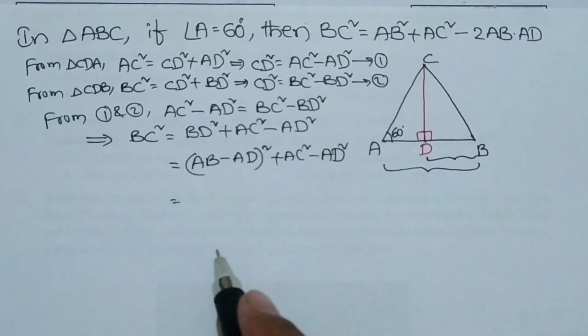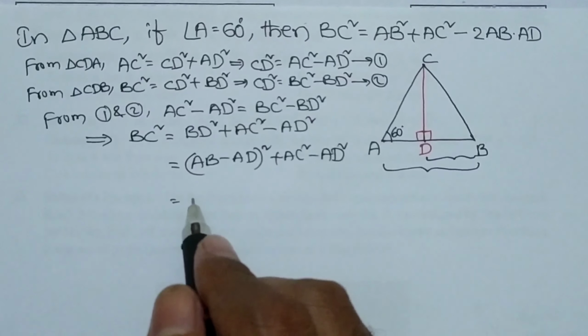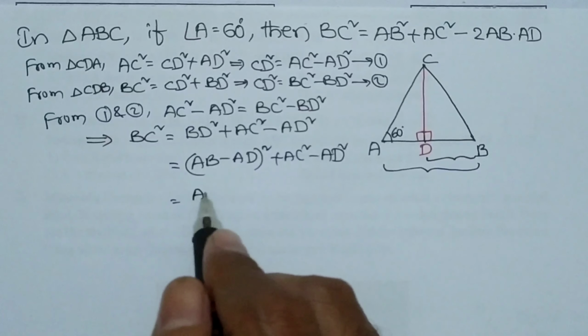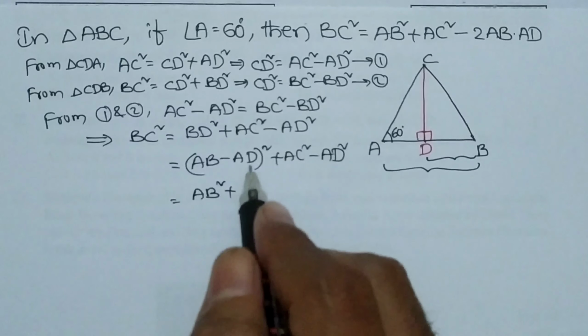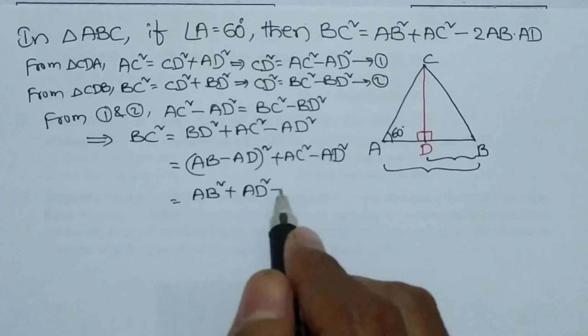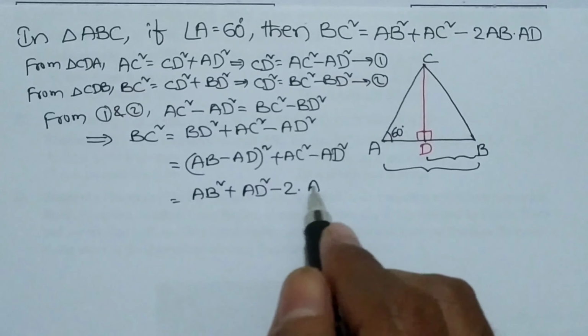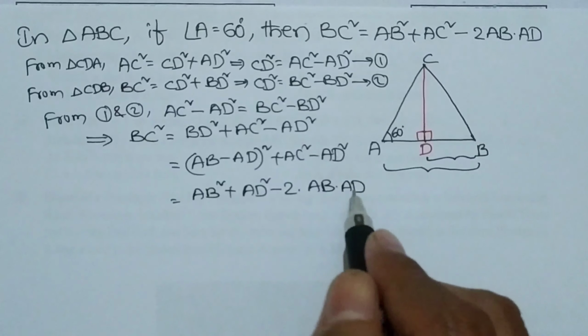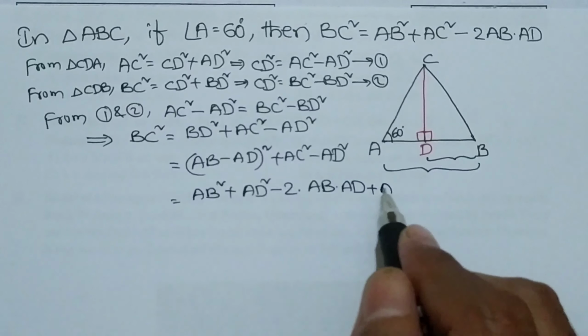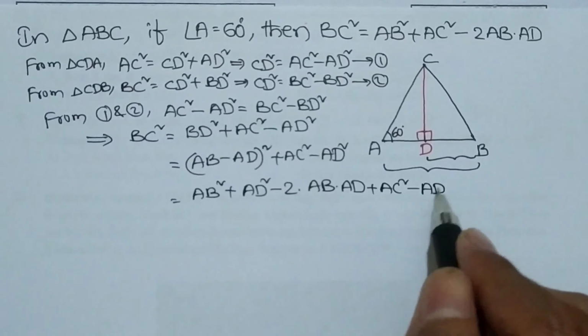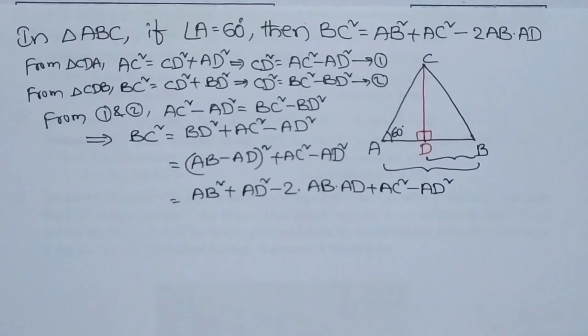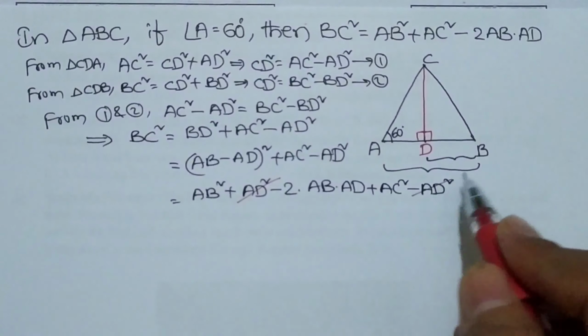Now here the formula for A minus B whole square, that is A square plus B square minus 2AB. So AB square plus AD square minus 2 into AB into AD, plus let us write this as it is, AC square minus AD square. Now here plus AD square minus AD square get cancelled.